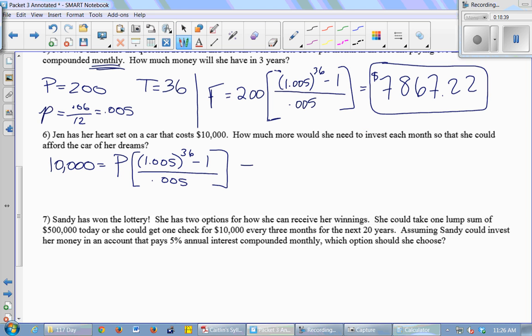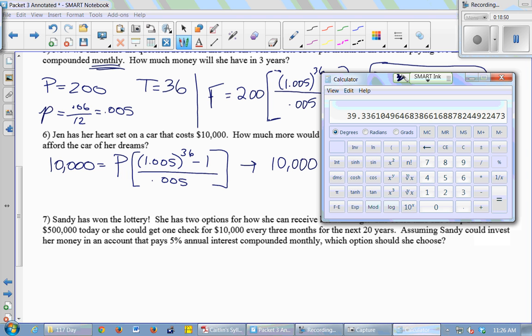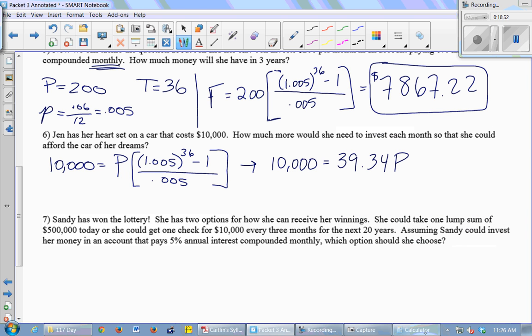So I now have 10,000 equals 39.34 times P. Okay. So now I just have to divide both sides by that 39.34. And when you're writing numbers down to show me what you did for work, do whatever you want for rounding.